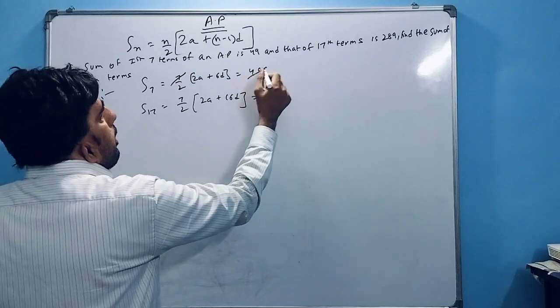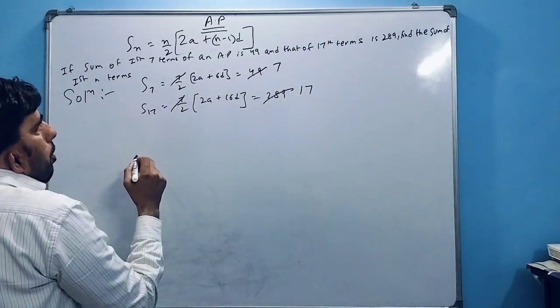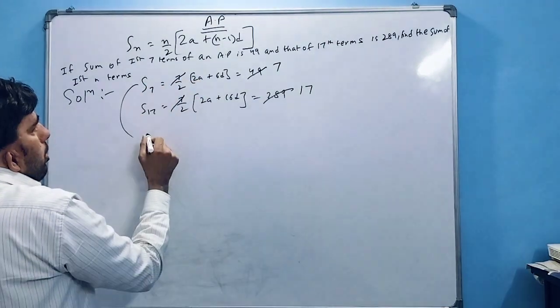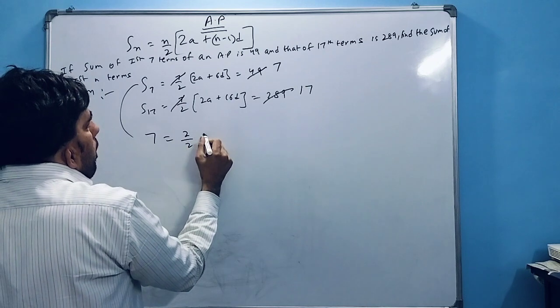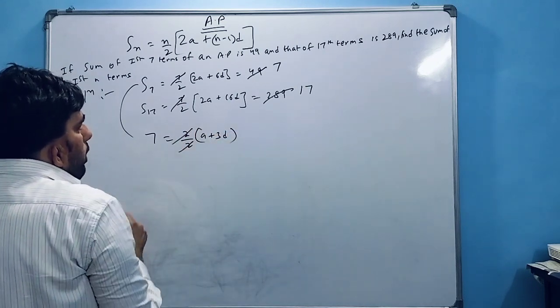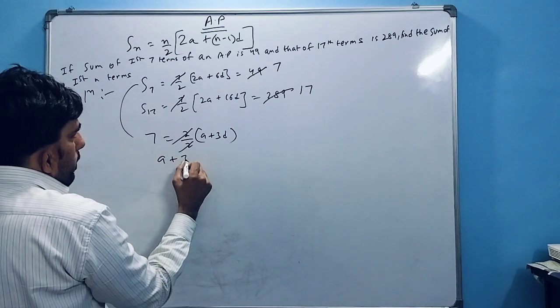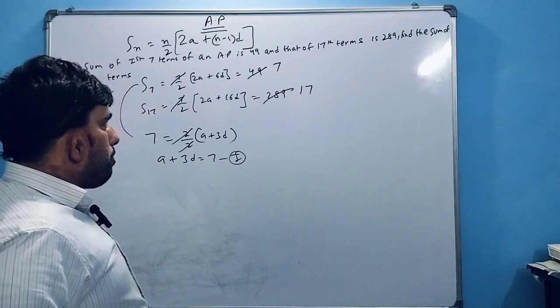We can reduce it here very easily. In the first, I take 7 by 2 common, which gives 2a + 6d is equal to 14, so a + 3d is equal to 7. I got this first equation.